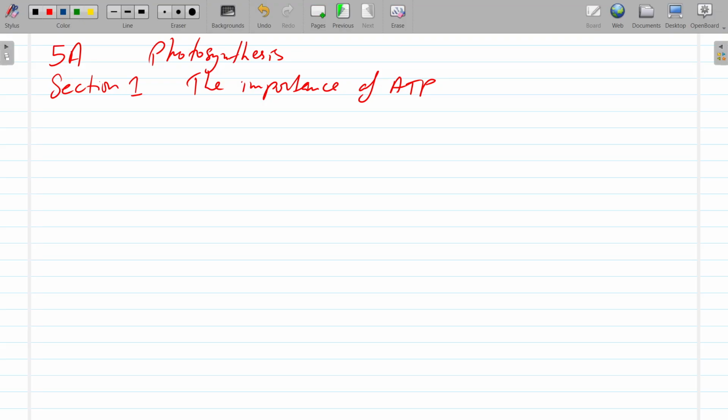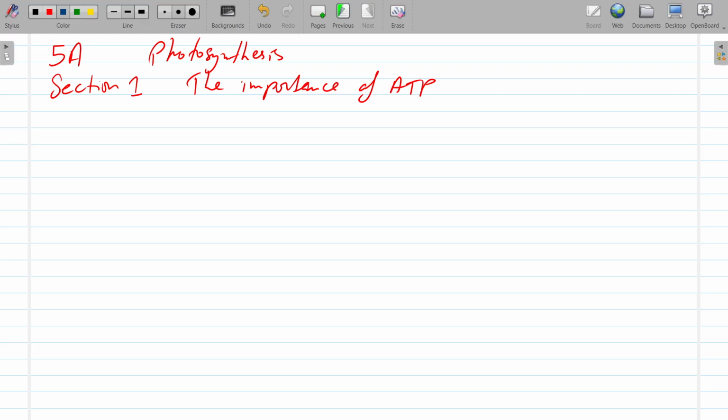Now, what they mention over here are the terms used to classify organisms based on whether they're able to make their own source of food or not.